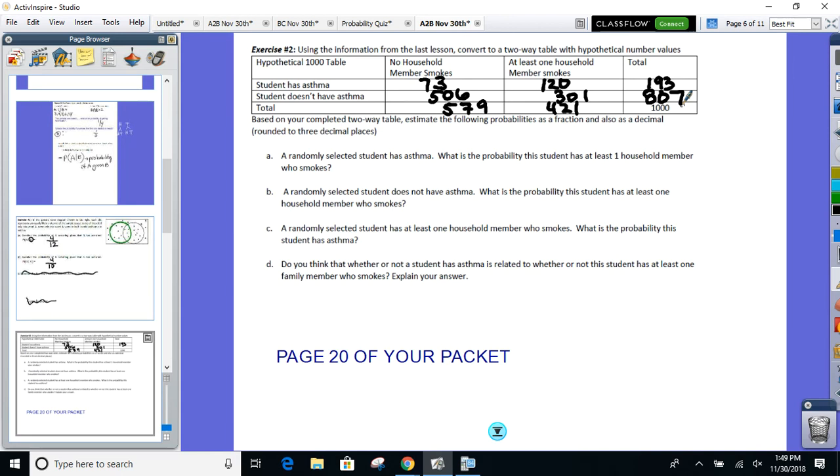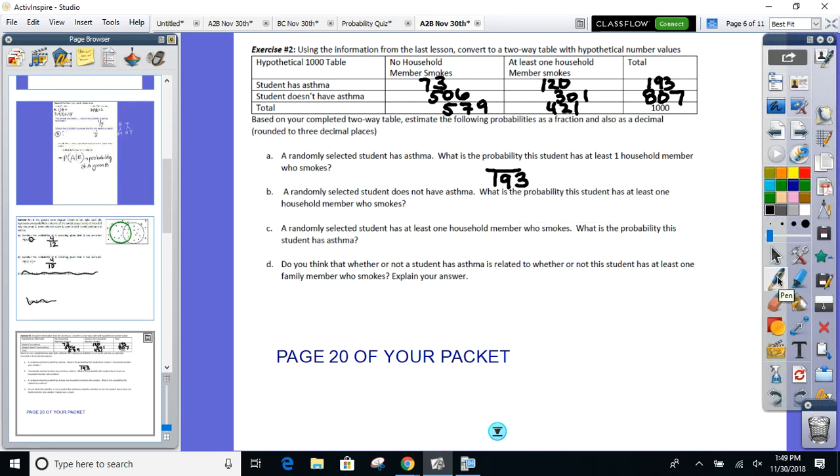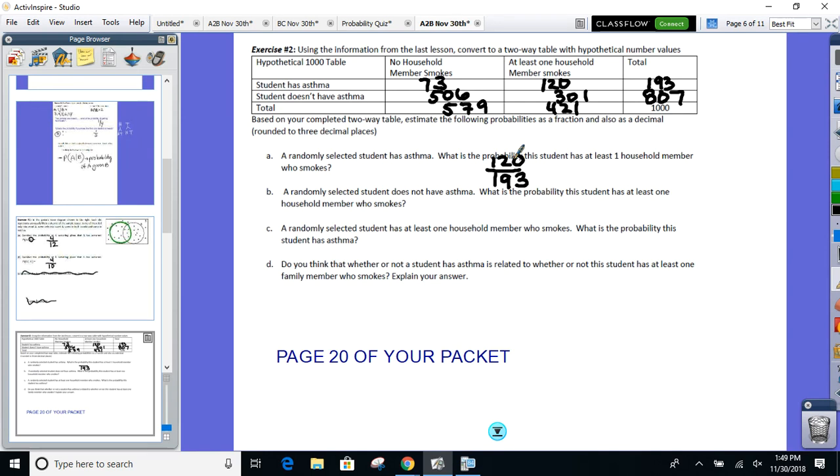What's my new total now on the bottom? Selected student has asthma: 193. So that's what this is going to be out of, 193. Out of those 193 that was given to us, how many students have one household member who smokes? 120. Okay, this is no longer out of the total of 1,000. What is given to me, that's my new denominator.